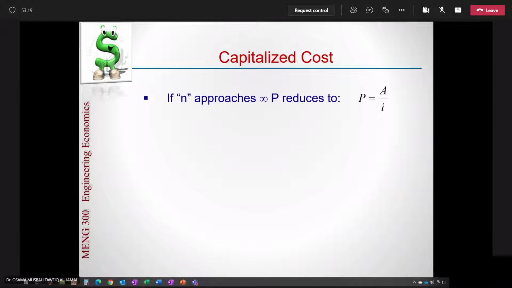Back to the same example we mentioned earlier. Can I reach that? Unfortunately not. We said A equal to 1,000, I was 10%. When you calculate for P, it gives you 10,000, right?